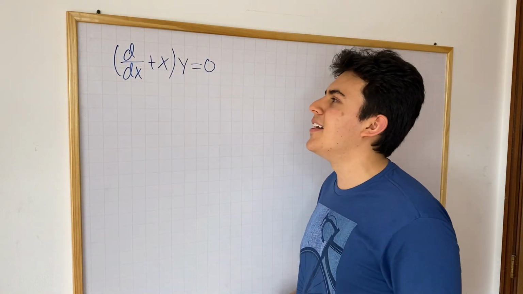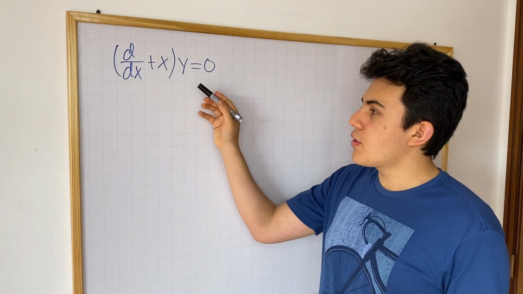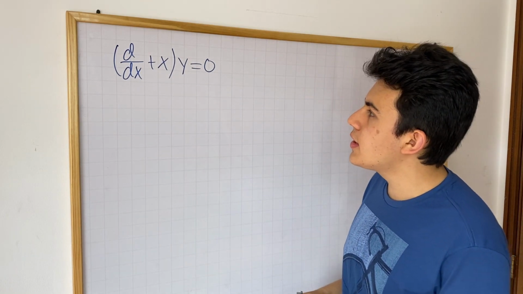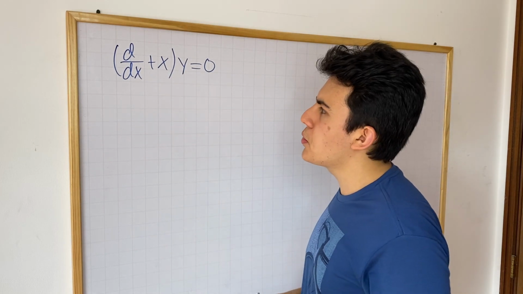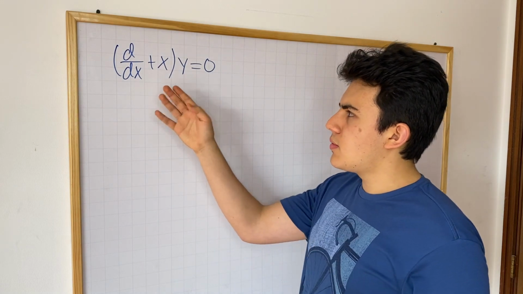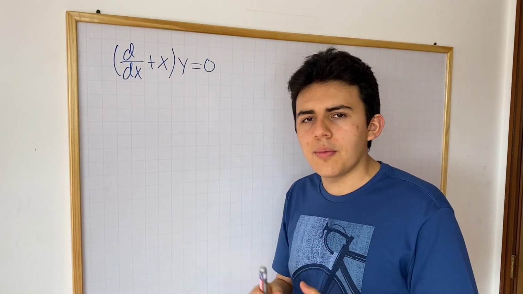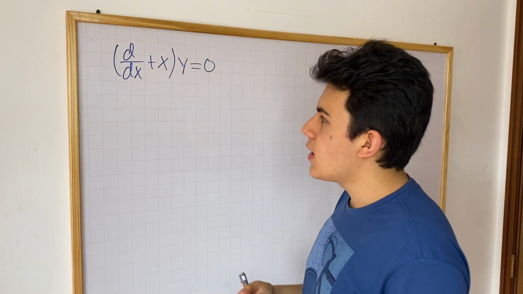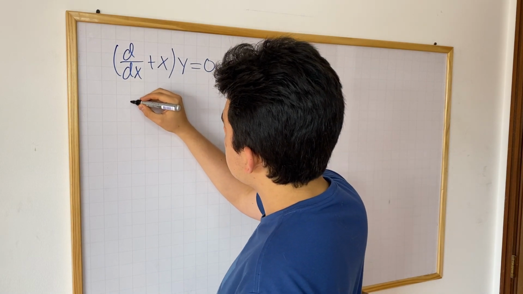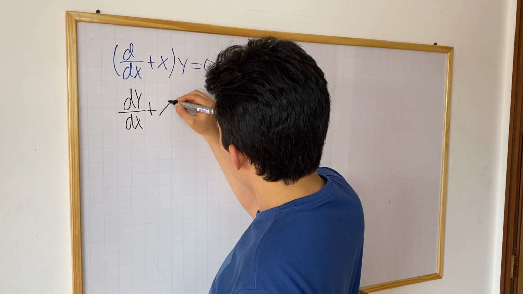Now let's solve this problem. To solve it, we're going to do separation of variables, as I mentioned. This operator behaves in a pretty interesting way. One way you can simplify it and deal with something you're probably more familiar with is by distributing y into this operator, and you're going to get dy over dx plus xy.